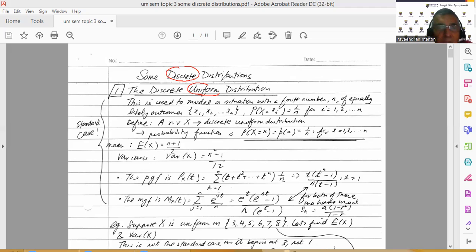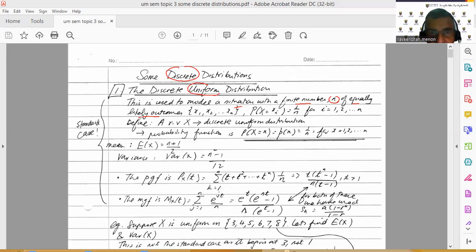So this discrete uniform distribution is used to model a situation with a finite number, let's call it n, of equally likely outcomes.